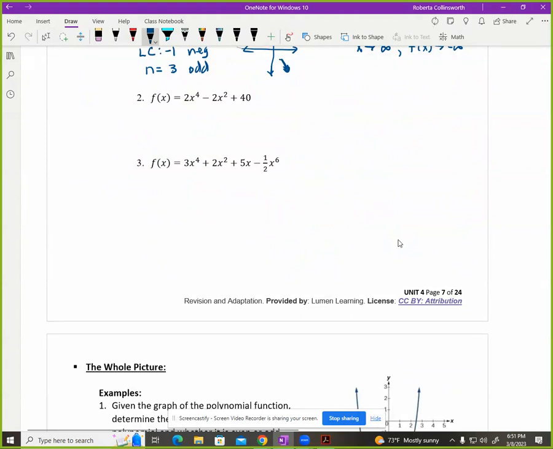Now let's look at this example. This example is in descending order, so I know that's my leading term. From that, I see that my leading coefficient is 2, and my highest exponent value is 4. So this leading coefficient is positive, and my highest exponent value is even.